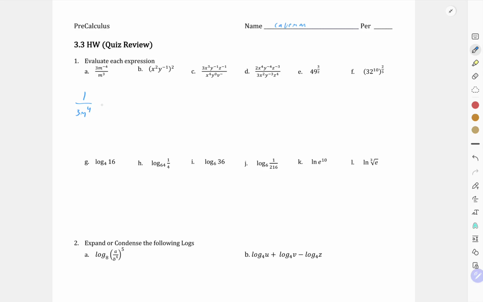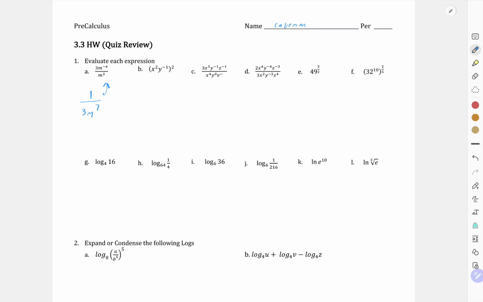We cannot have a negative exponent. And now it's just plus 1 over m3. So basically, m3 and 3m4 get added, and what that gives us is 1 over 3m7, my bad. Yeah, that is the evaluation of this, because you just added 3 and 4, because the 4 came to the bottom.